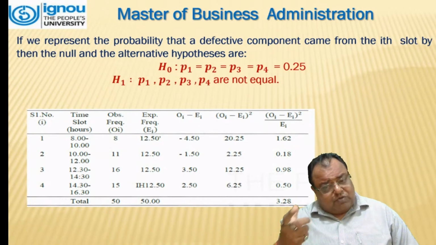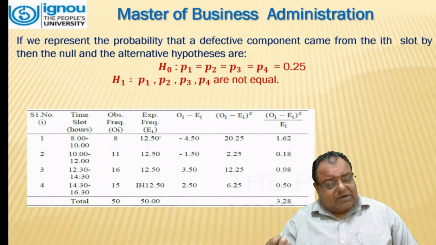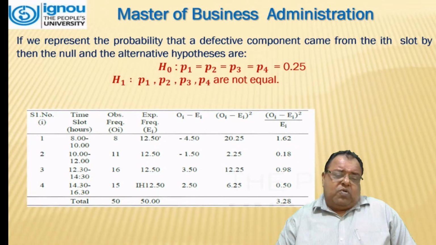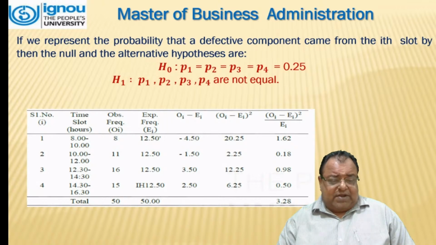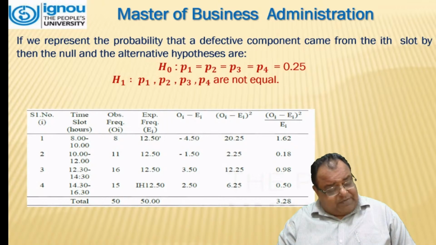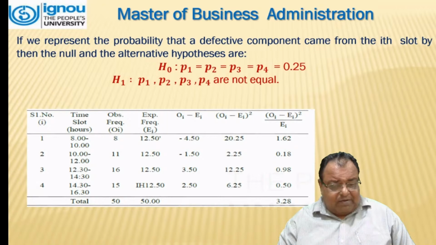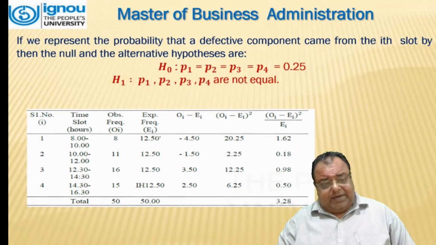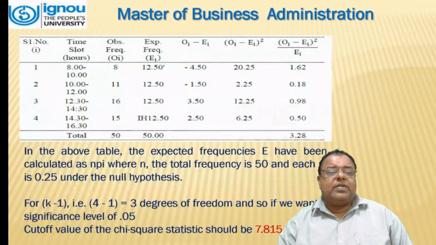Next step is to square it, and the last column states (OI minus EI) whole square divided by EI. Now we see that the observed frequencies total 50 and the expected frequencies total 50, which means our calculation is correct. And your chi square is 3.28. This is your calculated value.